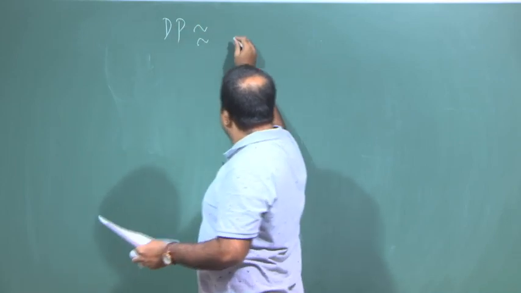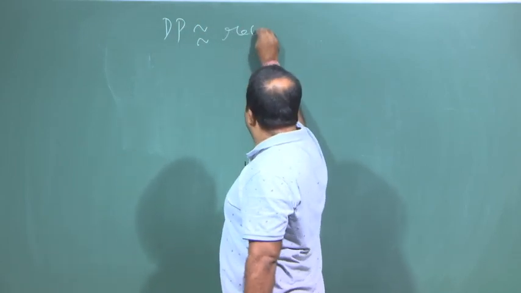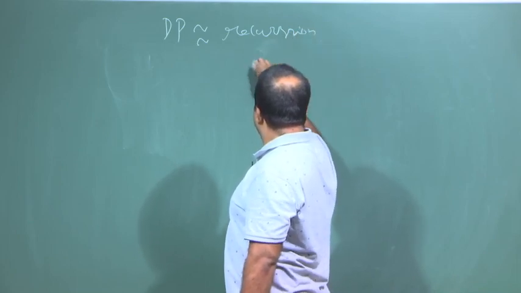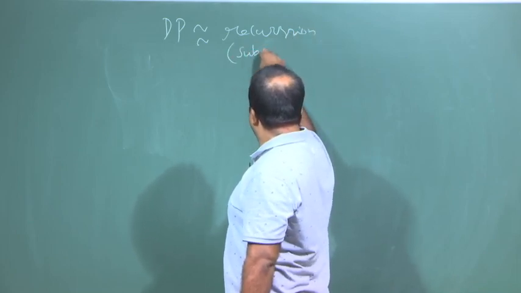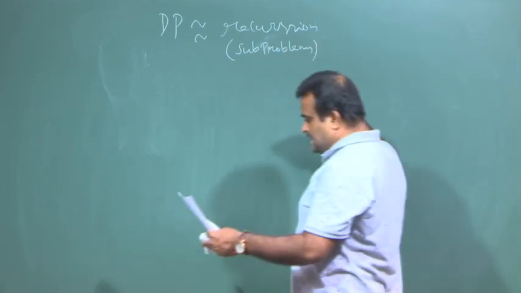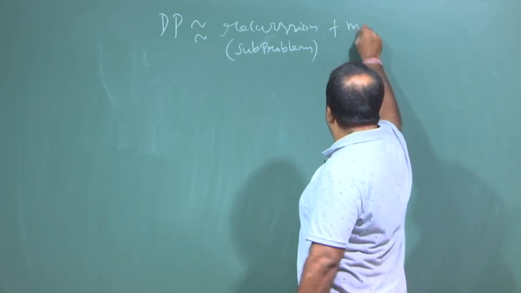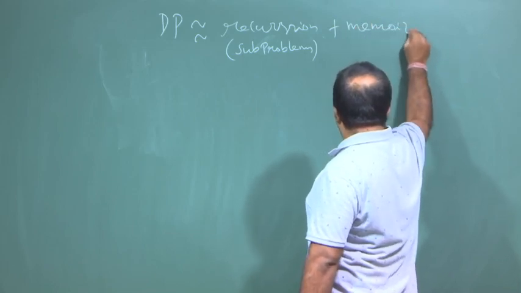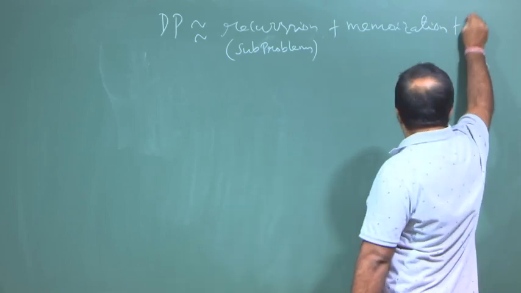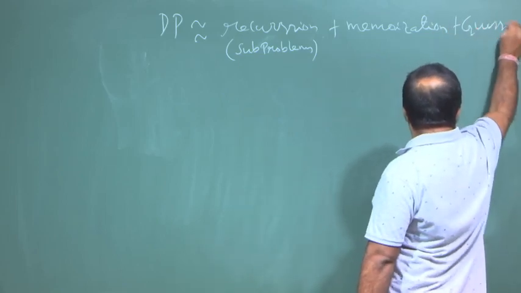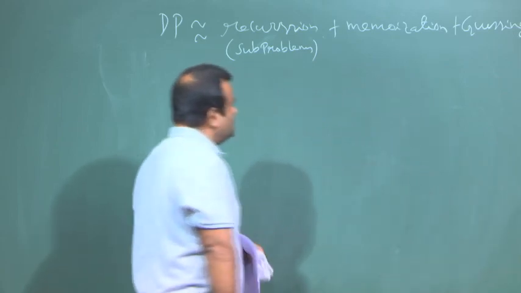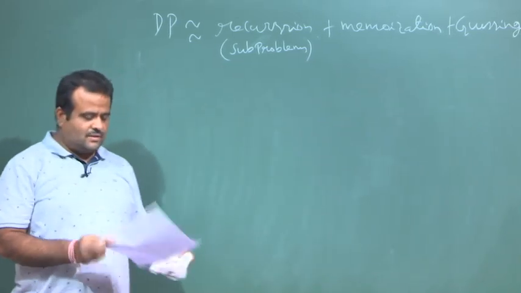DP is basically we have sub problems, the recursion, and then we do the memoization, and one thing that is added now is guessing. Okay, we want to guess the correct path.